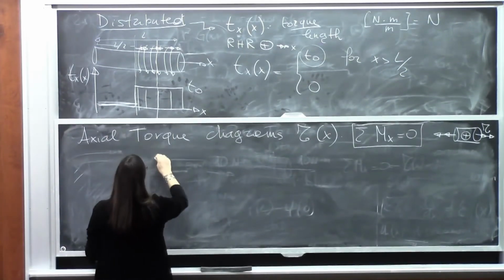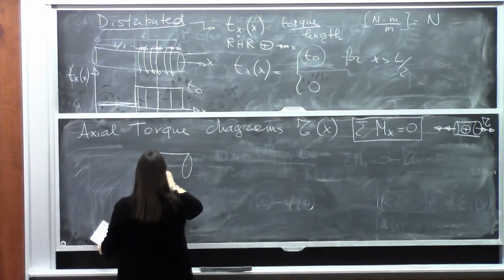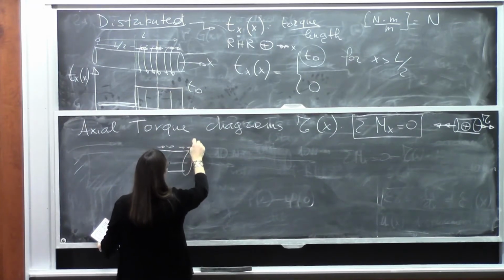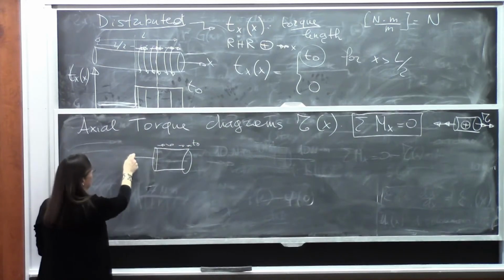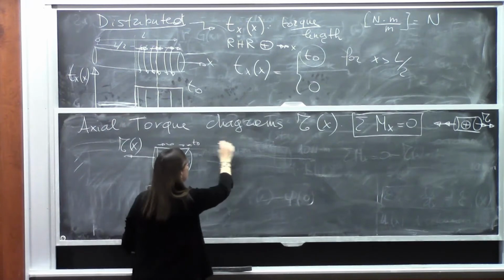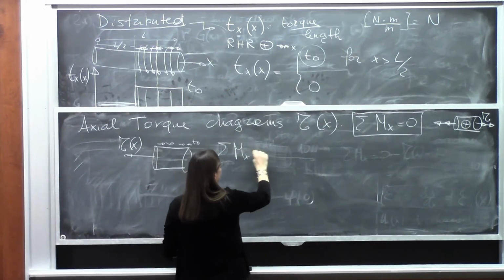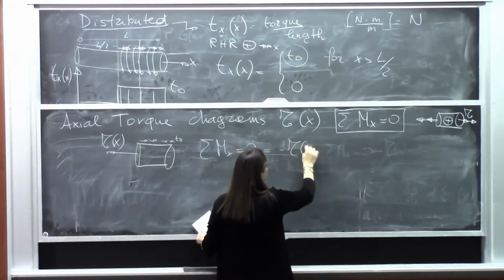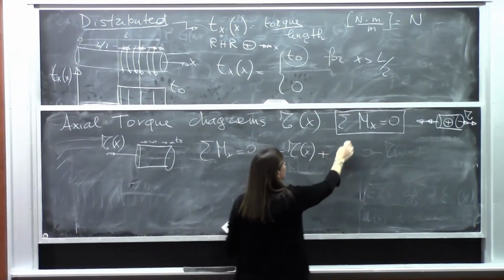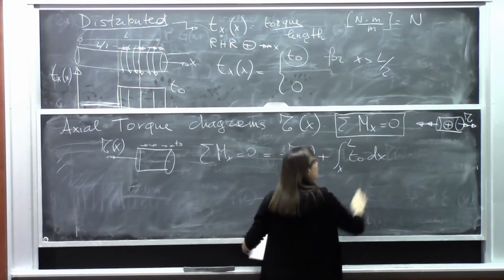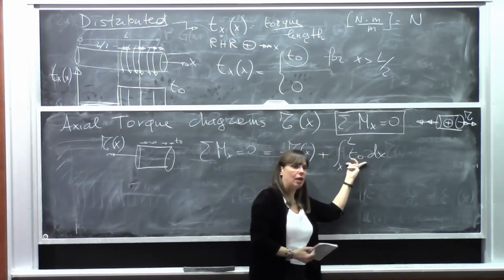And if I cut there, I get, on this thing, I have t0 on top. Out of this comes T of x. I do sum of the moment x equals 0. I get minus Tx plus the integral from x to L of t0 dx. Because t0 is a torque per unit length.